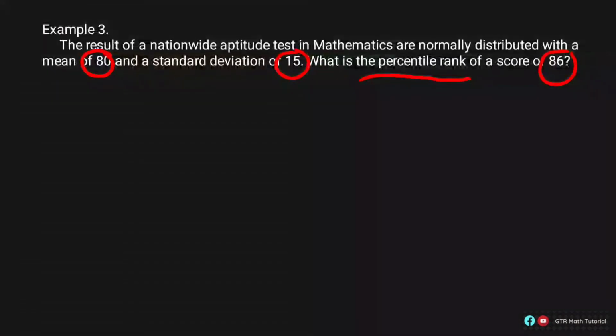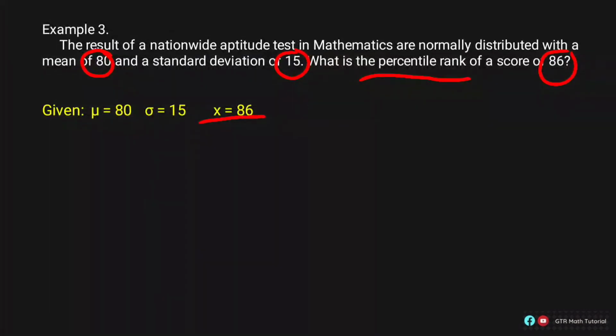Okay, so sulat natin ang mga given natin. So, we have mu equals 80, sigma or standard deviation is 15, and x equals 86. So, para makuha natin yung percentile rank, i-convert muna natin sa z-score ang score na 86.